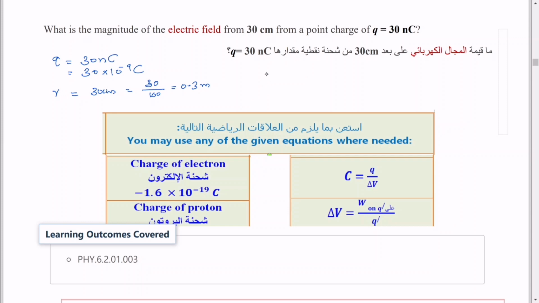So what is the equation to calculate electric field at a point? So here we have a charge and the value of charge is 30 nanocoulomb. So what will be the electric field at a point that is 30 centimeter away from the charge? So I will write point P. The equation to calculate the electric field at a point P at a distance R from the given charge is K multiplied by the charge Q divided by distance squared.